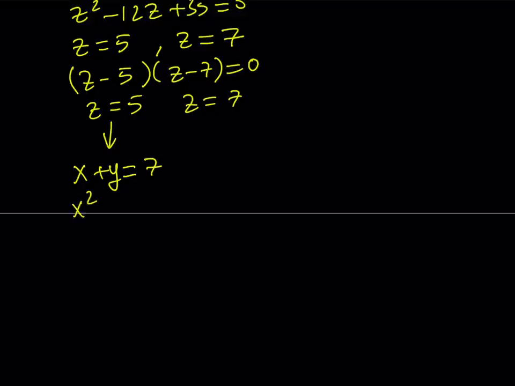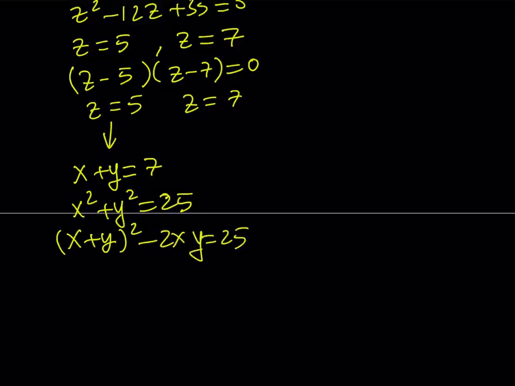Remember, the first equation gave me x squared plus y squared equals 25. And I can write this as x plus y quantity squared minus 2xy is equal to 25. Since I know that x plus y is equal to 7, this gives me 49 minus 25 equals 2xy. So from here we get xy is equal to 12.